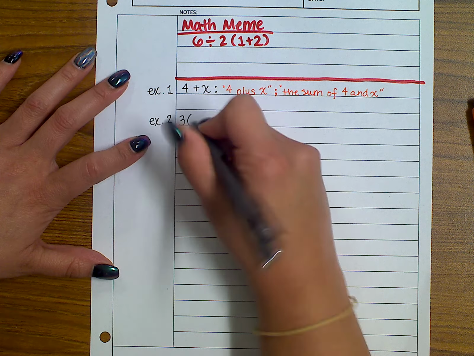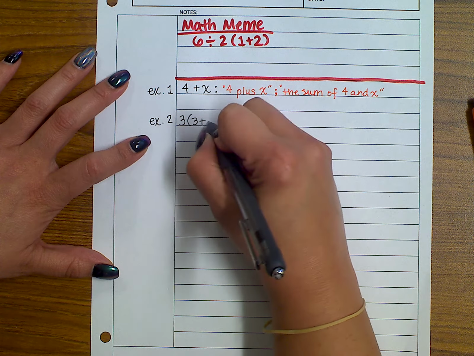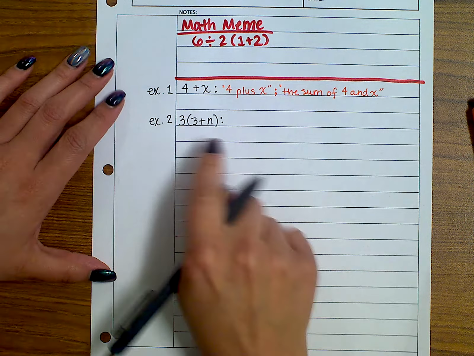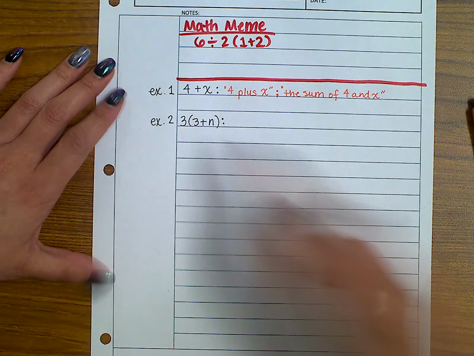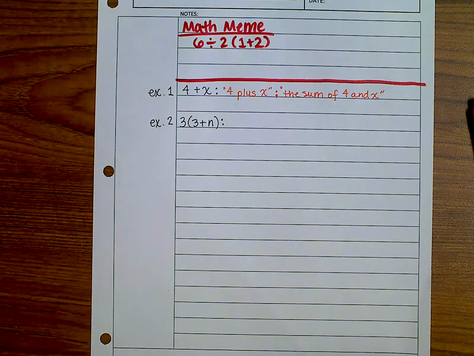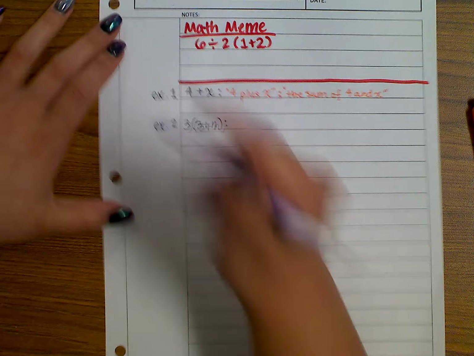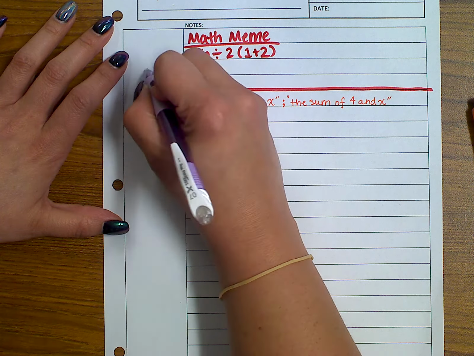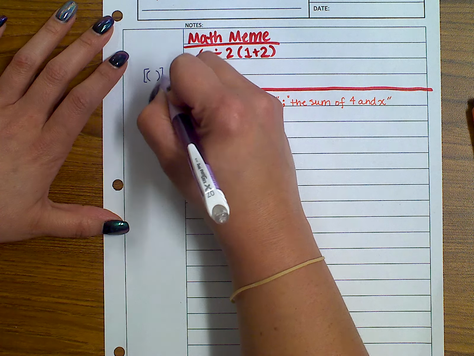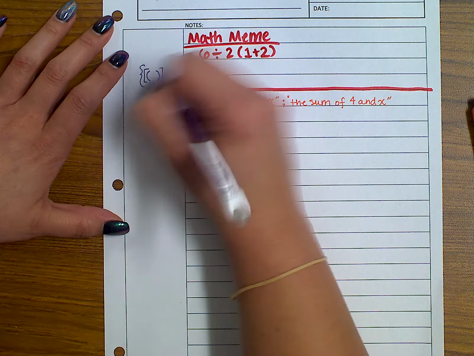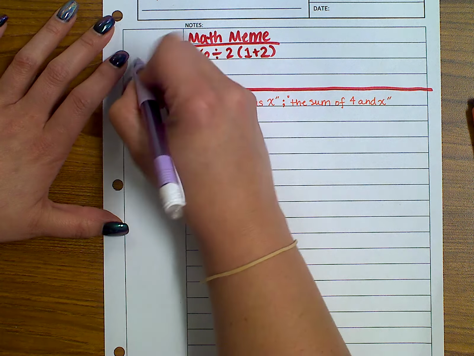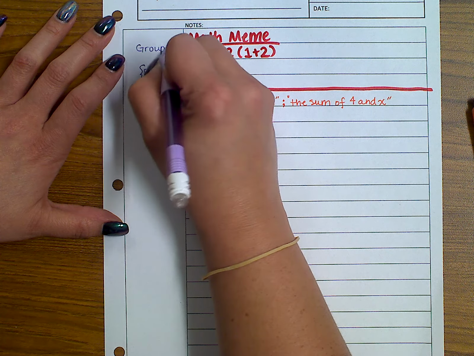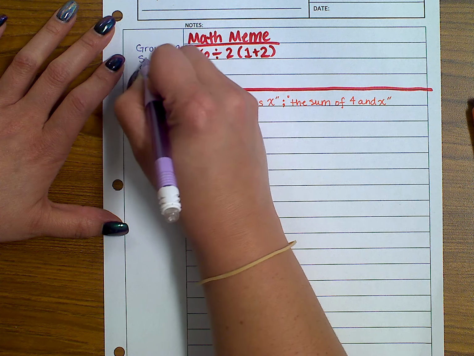And this is where things started getting a little weird. So initially you guys told me this would be 3 times 3 plus n. We took it a little bit further. And I said that parentheses and brackets and braces are all grouping symbols.